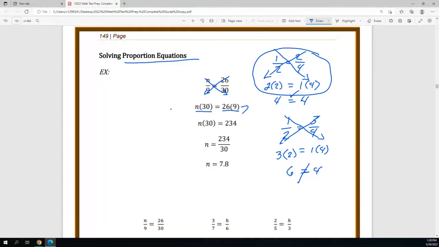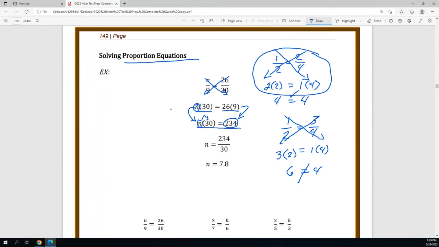You have to multiply first. 26 times 9 gives me the number 234. And N times 30 cannot be done because I do not know what N is. That's a missing number. So I'm left with N times 30 equals 234. Now, here's a shortcut about what algebra states. This is an algebra problem, where you have a missing number that you're multiplying times something, and it's giving you an answer.